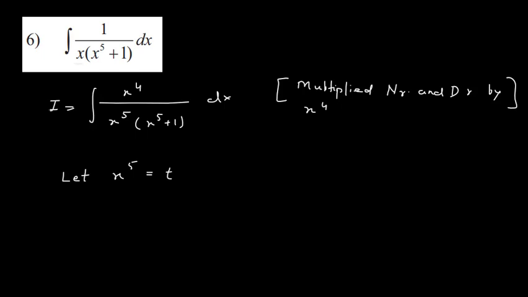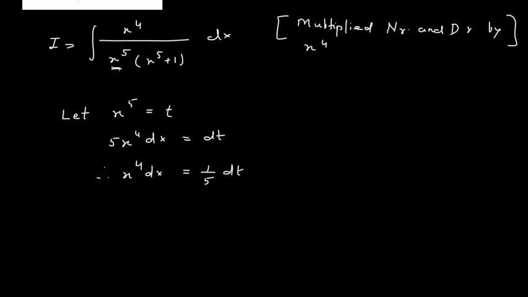Now I am not taking x power 5 plus 1 as t, because here you see x power 5 is there, so you have to change this value. So let us put x power 5 as t. Now this will give me 5 into x power 4 dx equals dt. Therefore x power 4 dx will become 1 upon 5 dt.